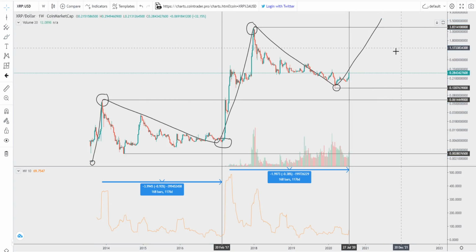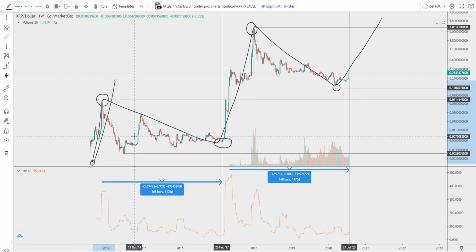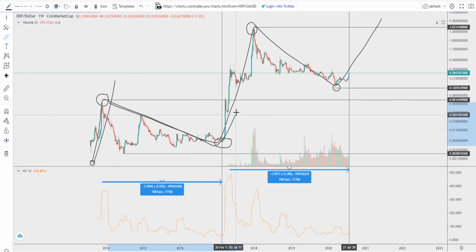So folks, what we have here is contraction before expansion. And there are multiple ways to look at this, okay? I'm not going to talk about all of them, but for now we are just going to talk about price itself. So for example here, and also for this too. So here we had expansion, and then we had contraction before what?